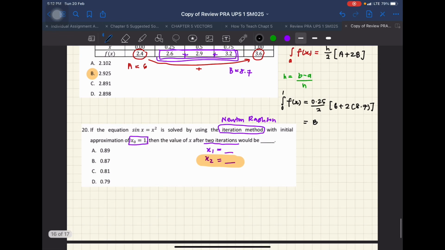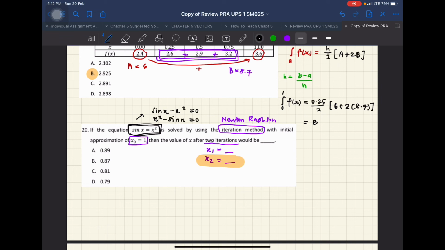Okay, so kita tak ada lagi f, tapi kita ada satu equation yang ni. So this one kita boleh guna. So kita akan rearrange this equation sampai kita dapat kosong dekat satu belah. Okay, mana-mana awak boleh buat. So it can be two function. So the first one either sin x minus x square equal to 0, or boleh juga gunakan dia x square minus sin x equal to 0.